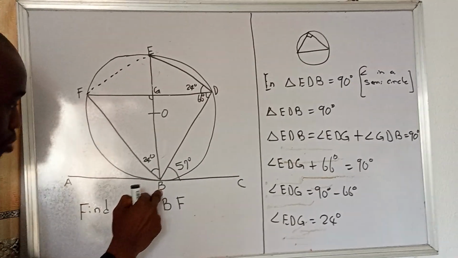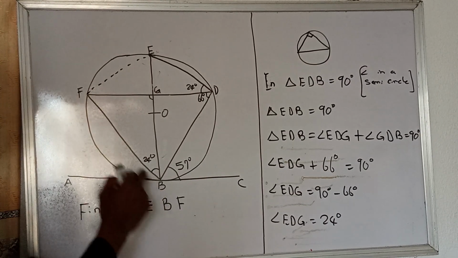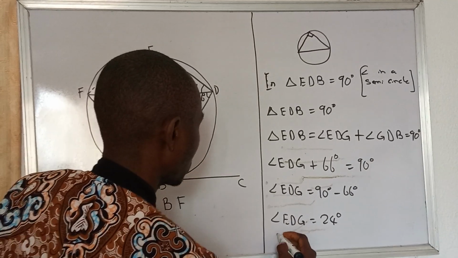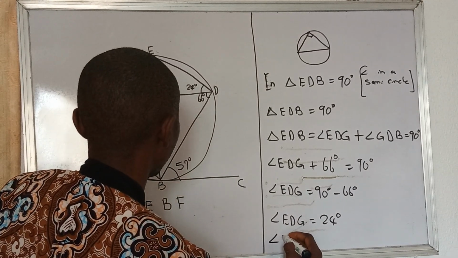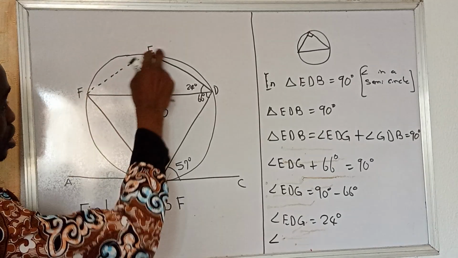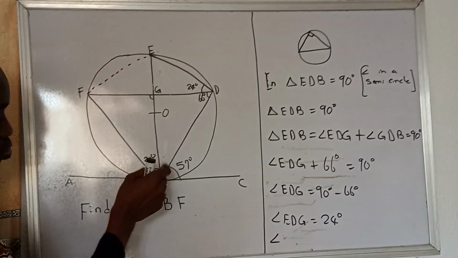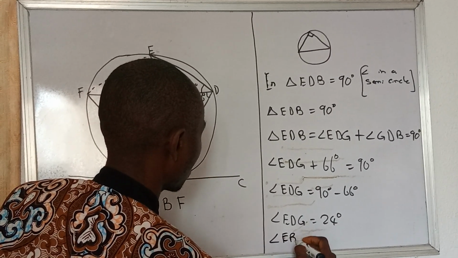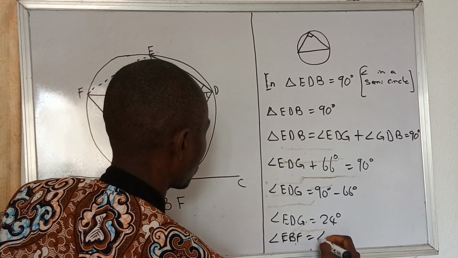Angle B actually has base angles E and F as well. So let's say this reference angle at the center, let's use E and F as the base angles with this reference angle. That is, we have angle EBF equals to angle.